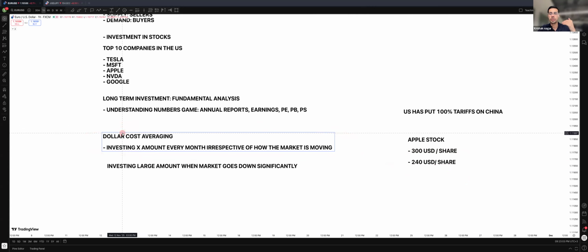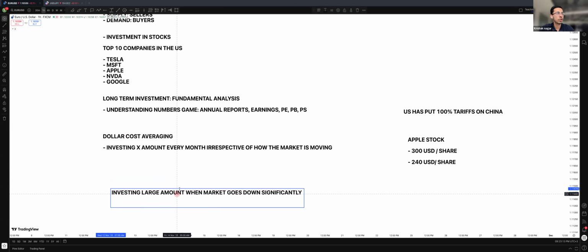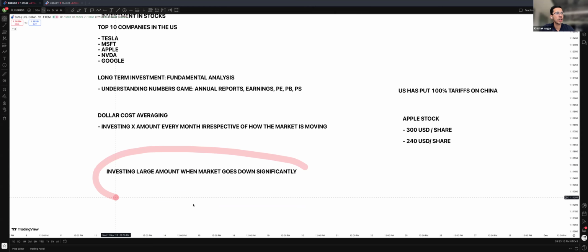As the market starts to stabilize, you can slowly go back to dollar cost averaging. But for that particular month, you can follow this strategy where you invest a large amount of money when the market goes down, when the shares of the company are traded at a discounted price.